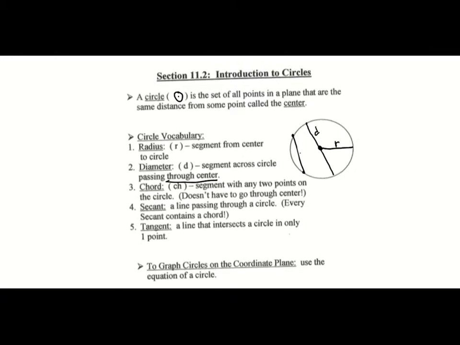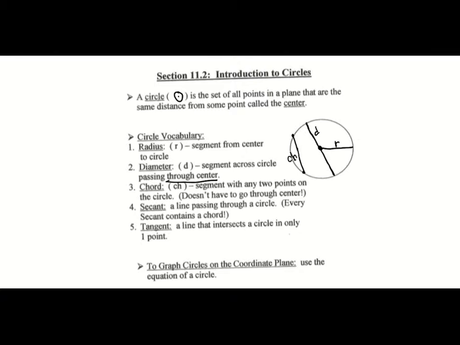This could be a chord right here, and we will label that as CH, our chord. Now our diameter could also be a chord. It goes from 2 points on the circle, but our chord cannot be a diameter because the chord does not go through the center. Diameter has to go through the center.